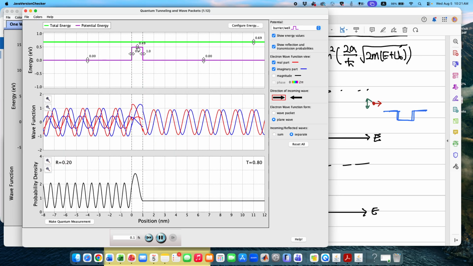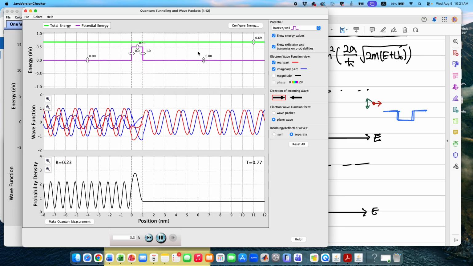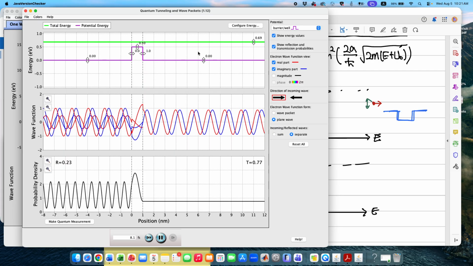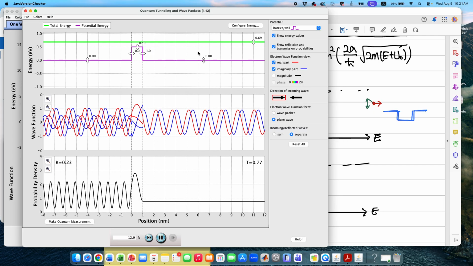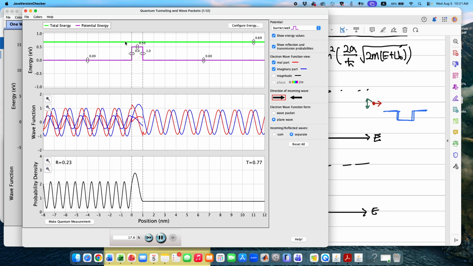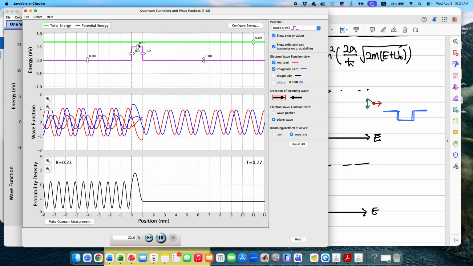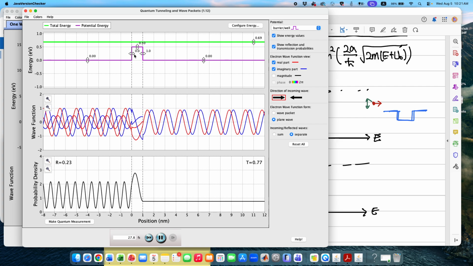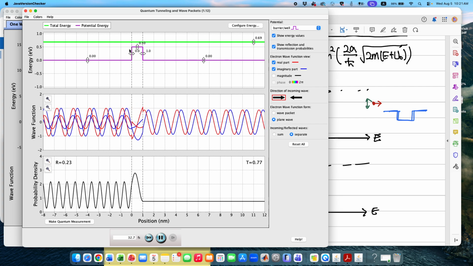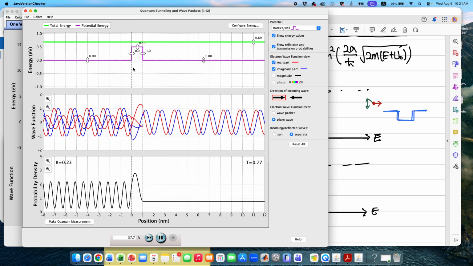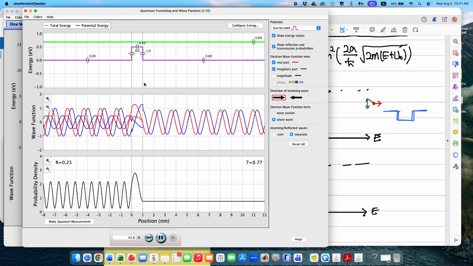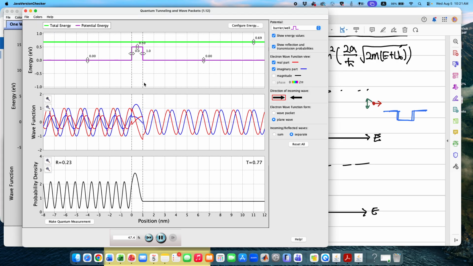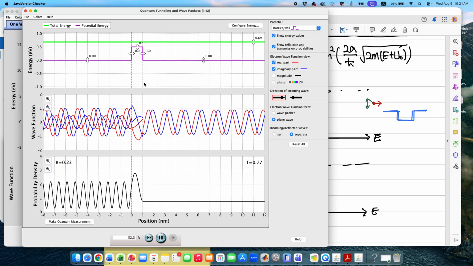If I flip it, and I'm sending the particle from left to right, and still this particle energy is higher than the wall height, then when there is a potential difference, in this case here and also here, it sees the potential changes, and some are reflected and some are transmitted.